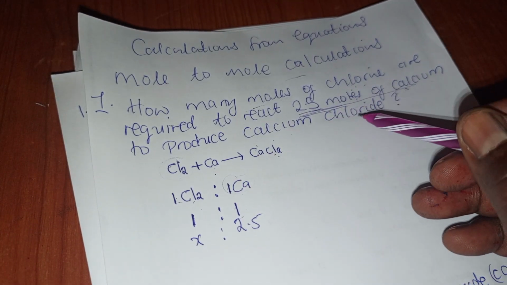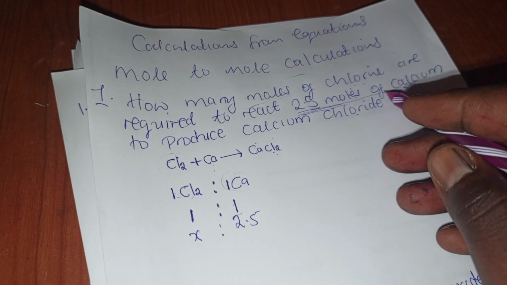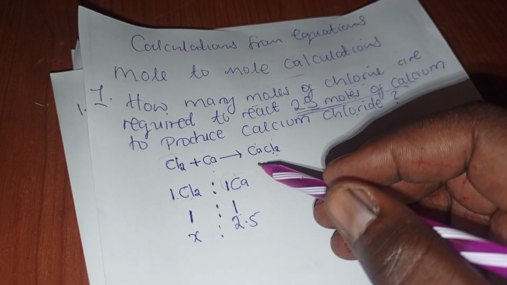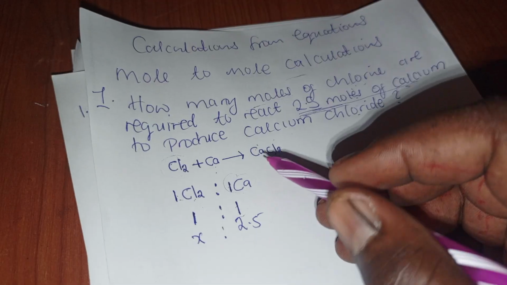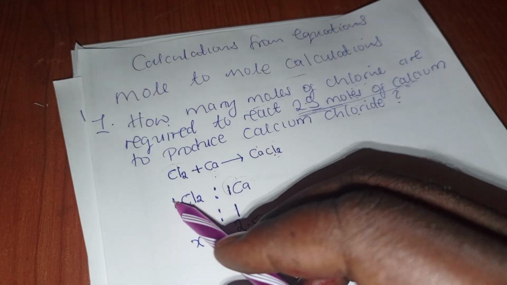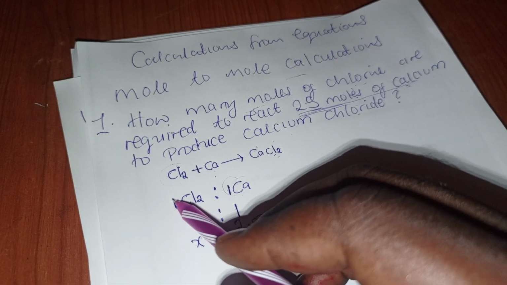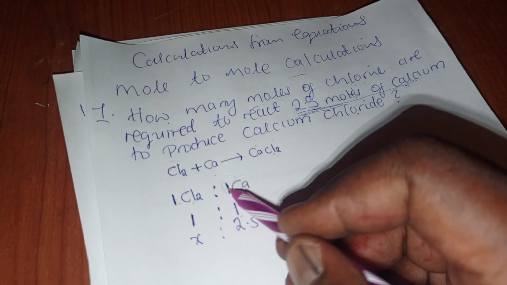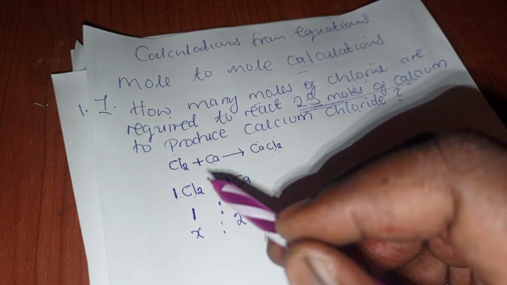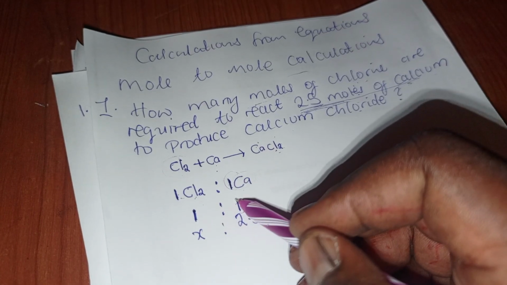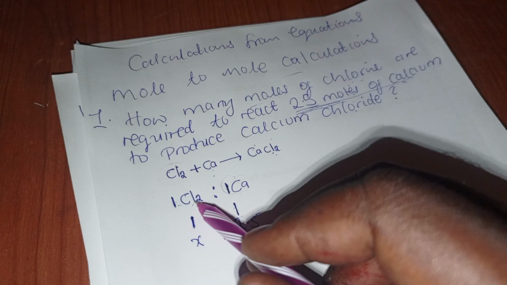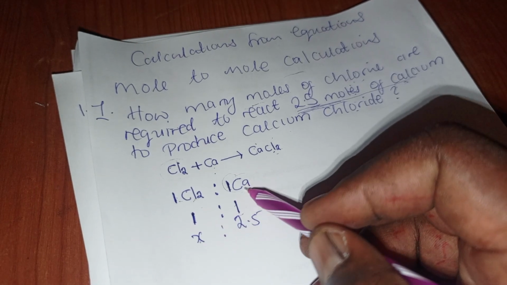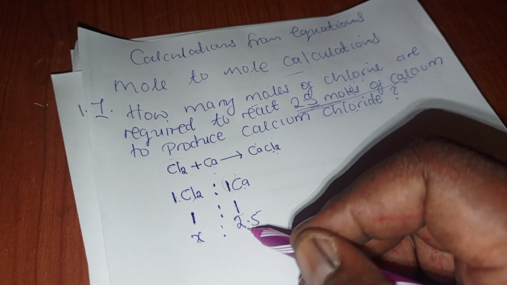Then we compare the one that we're finding and the one whose number of moles is given in the question. From the balanced equation we get the number of moles, which is 1 here and 1 here. These numbers in front represent the number of moles. Then for chlorine, since we're finding it, we put X. For calcium, the number of moles given is 2.5.